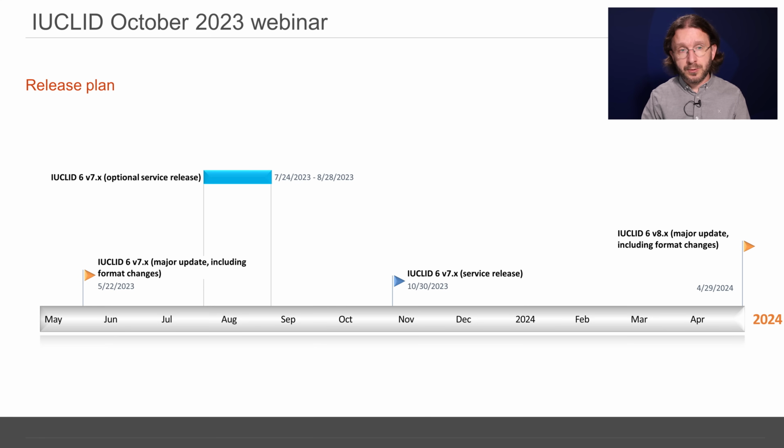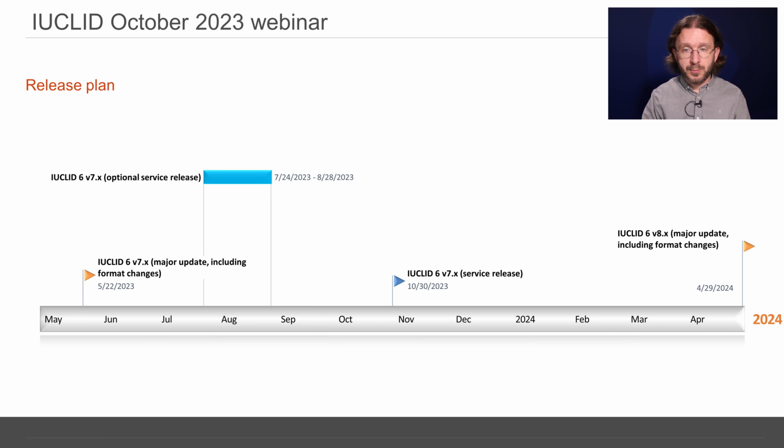I would like to come back also to the release plan for the year. You know that earlier this year, at the end of May, we have published the latest major update of Euclid, including format changes. After that, during summer, we had a release window where it was possible to publish optional service releases, and I will come back to this in the next slide.